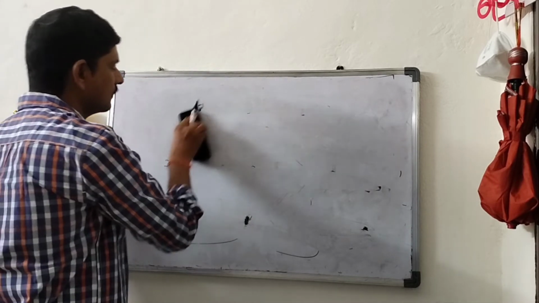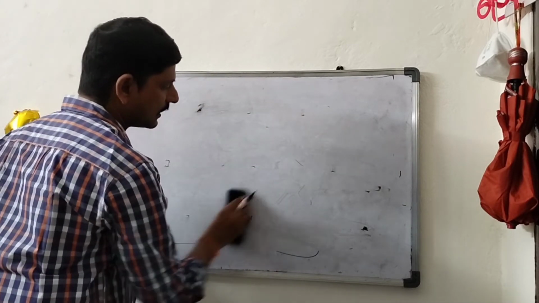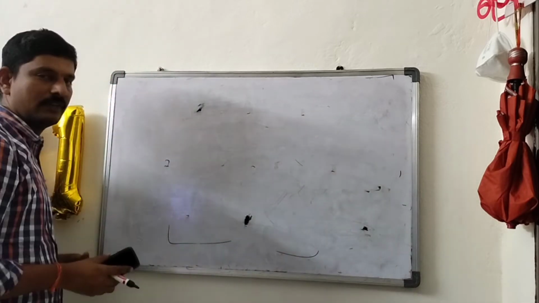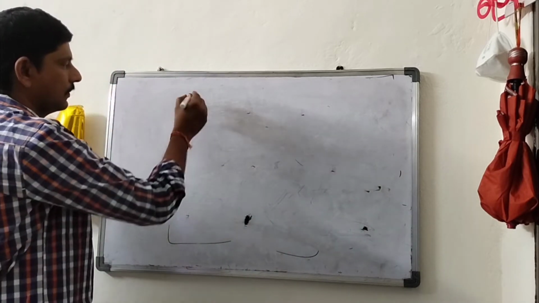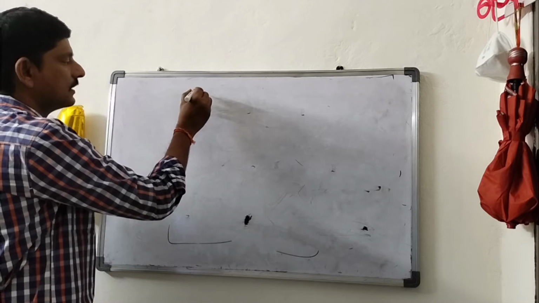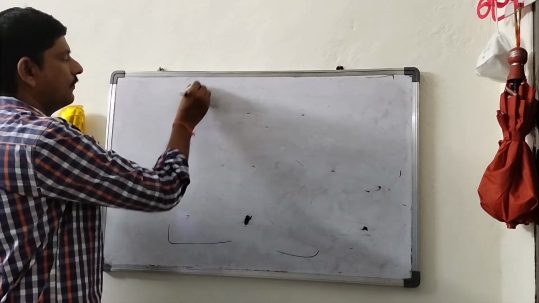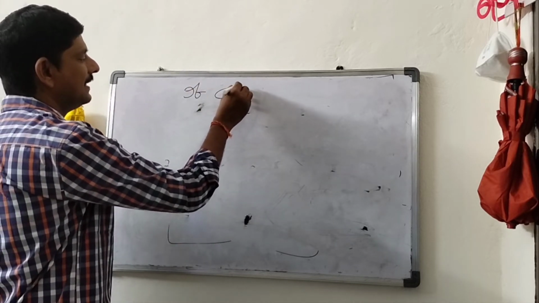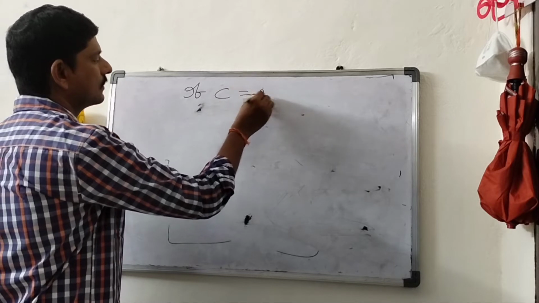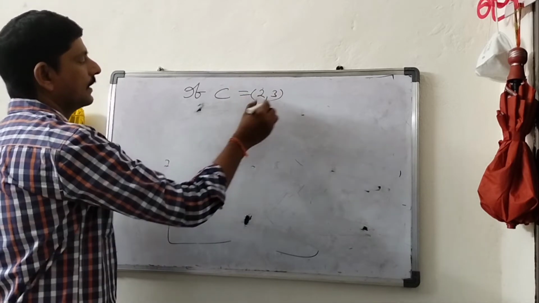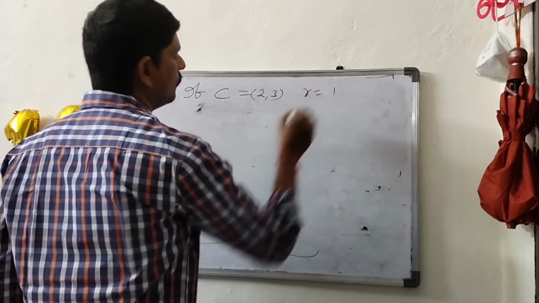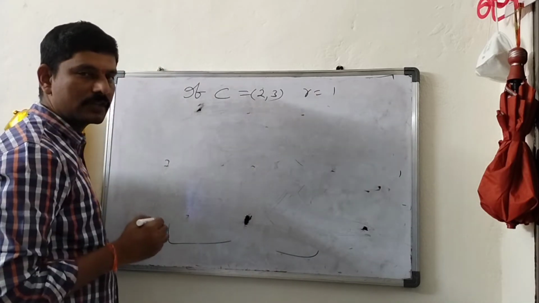So first we find the equation of circle if center and radius are given. Let us see one example. A question is asked like this: if center C is (2, 3) and radius r equal to 1, then find the equation of the circle.